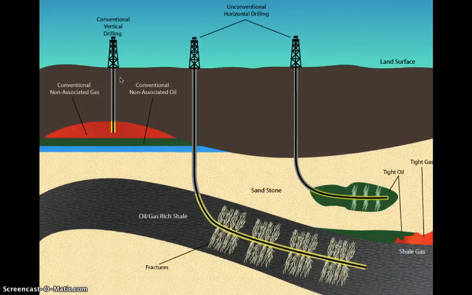Here's a picture of the difference. So as I mentioned, conventional drilling is basically tapping in to a reserve that is a known reserve and extracting oil. The pressure pretty much brings the oil up, versus unconventional drilling, which involves pouring large amounts of water with pressure down to these areas of rock beds, and then in that rock bed are layers of gas, and they are pushed back up and extracted.